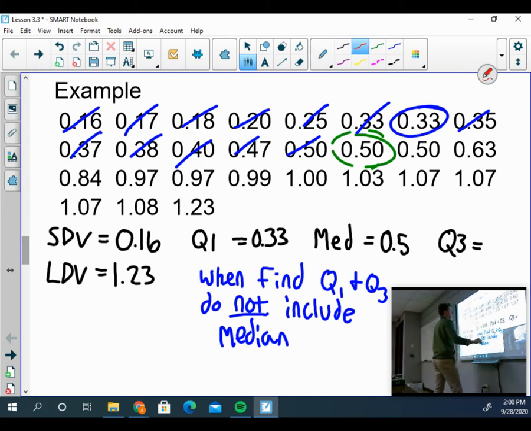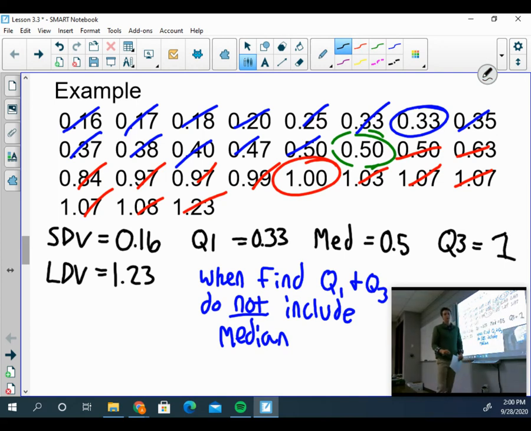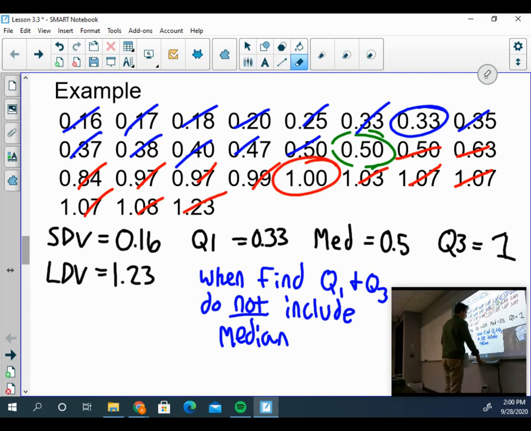Do the same thing for the latter half of my data set. And you find that your Q3 is at 1. This is how we find the 5-number summary. It's finding the median of the data set and then finding the median of the first half and the second half to get Q1 and Q3.